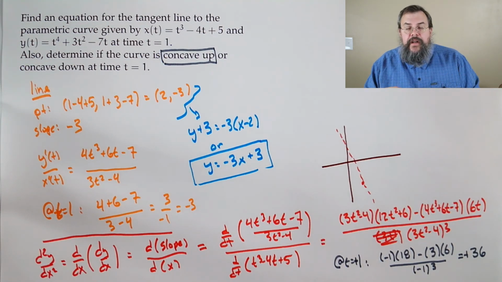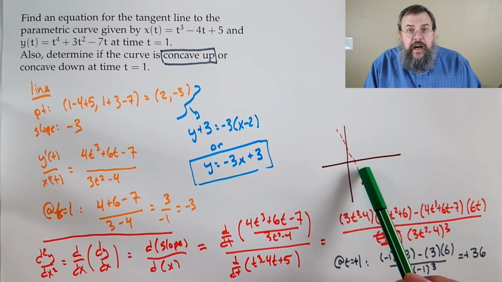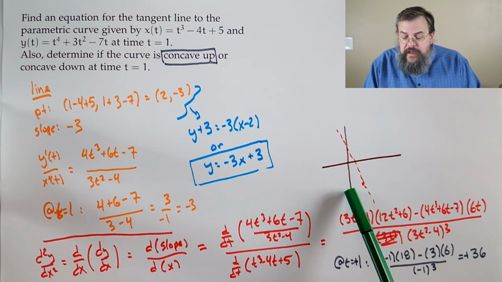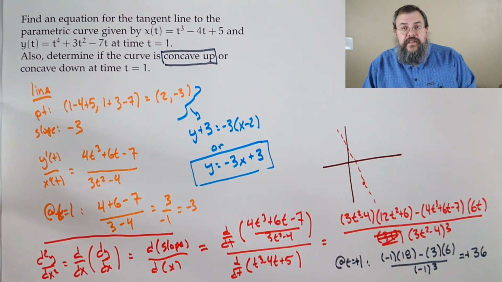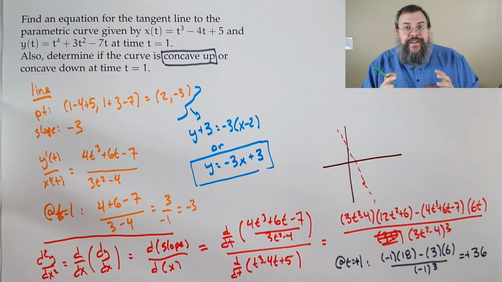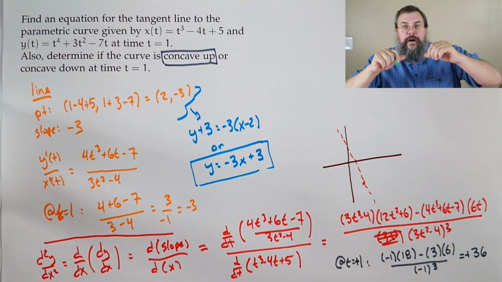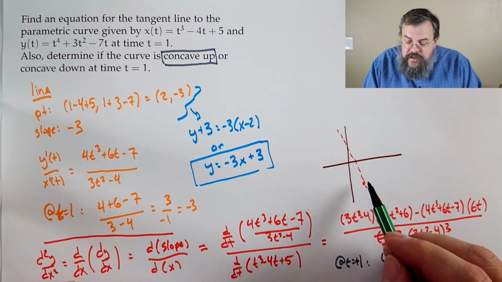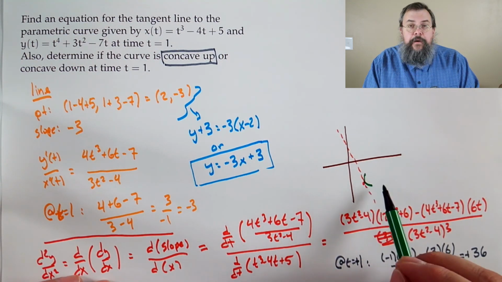When the second derivative is positive, you're coming off the positive side of the tangent line. When it's negative, you come off the negative side. The magnitude tells you how quickly you come off; a larger number comes off much faster than a smaller one. So this is telling us that locally we're coming off in that way.